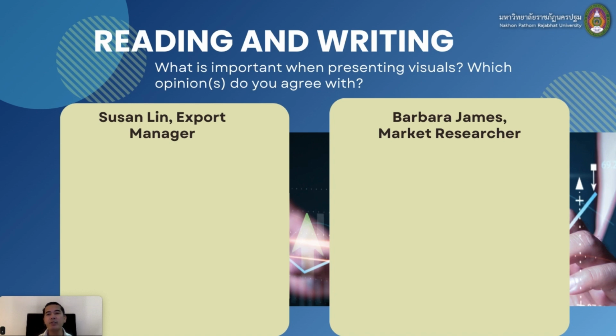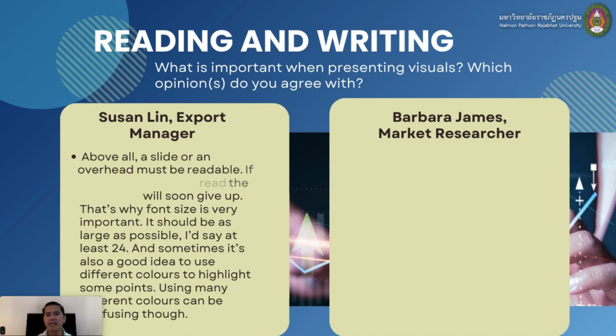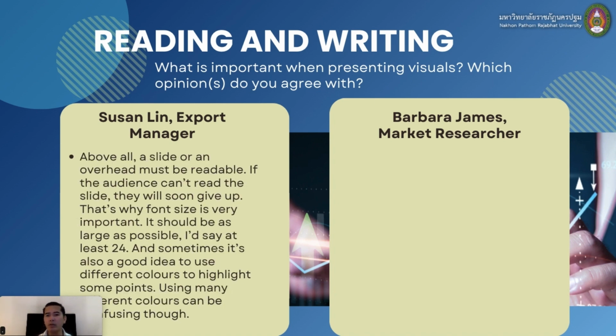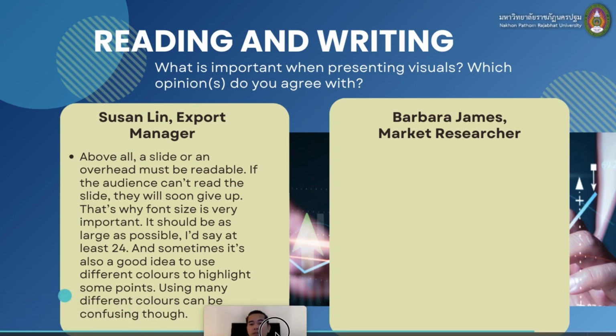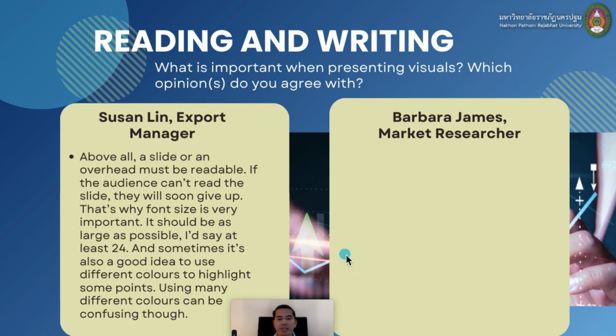And then Suzanne said, above all, a slide or an overhead must be readable. So she's also about fonts. If the audience can't read, she's also concerned about the fonts that you are going to use in presenting.